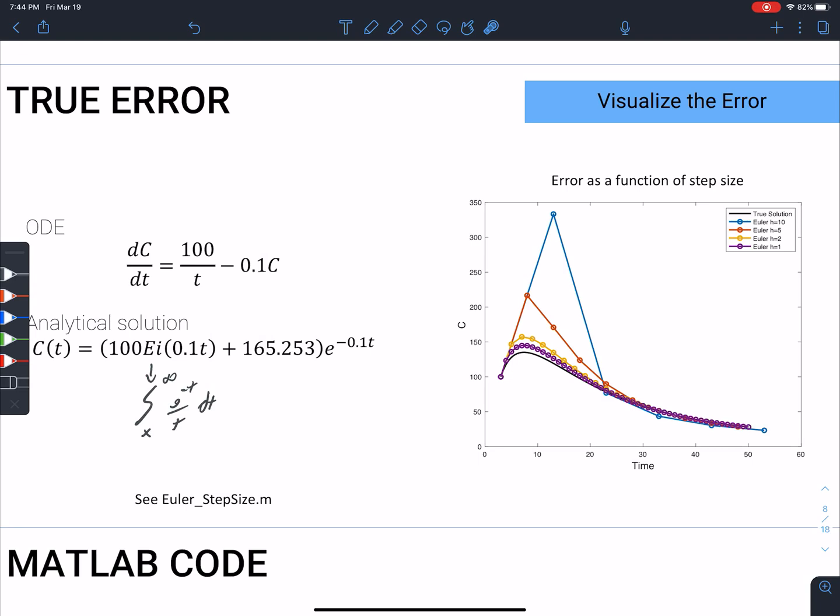But the point here is that this error reduces dramatically, essentially roughly at the same rate that we reduce h. So a smaller h, for example h equals 5, step size 5, you can see this function doesn't stray as far from the actual solution as h equals 10 did. We can reduce it further to h equals 2, h equals 1, and we get closer and closer.